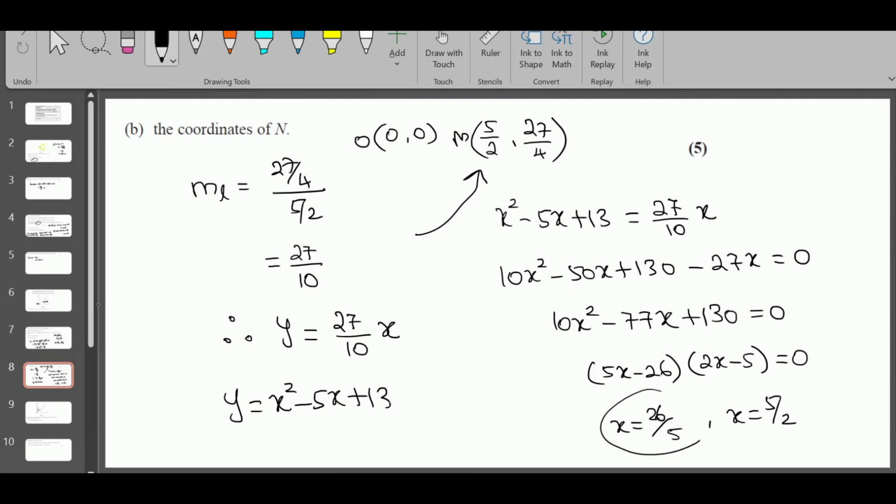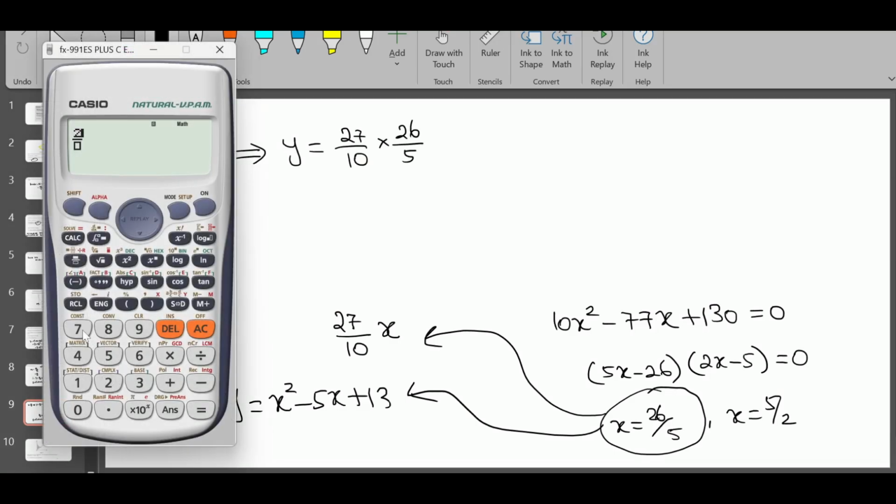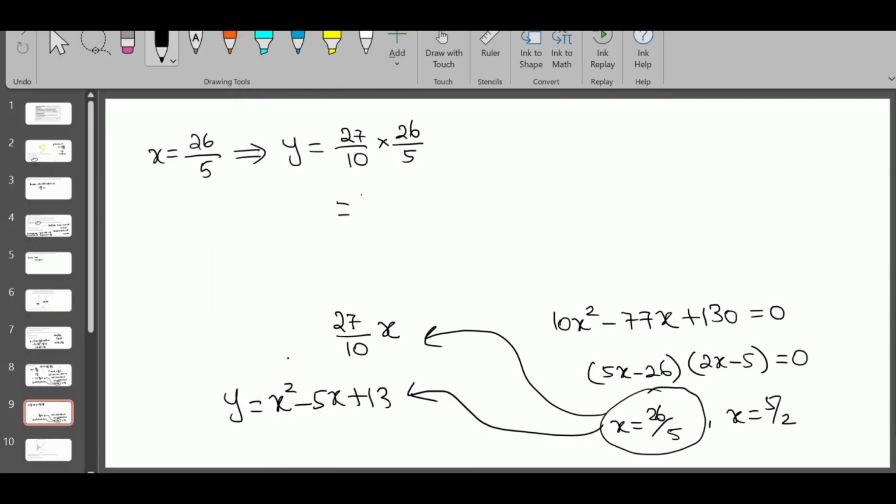So we are going to take this value 26 over 5 and find the y coordinate. You can sub this in here or here to find the y coordinate. So when x is equal to 26 over 5, y is 27 over 10 times 26 over 5. 27 times 26 over 50. 351 over 25.